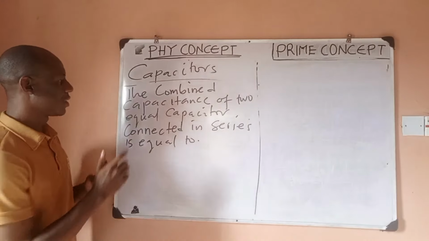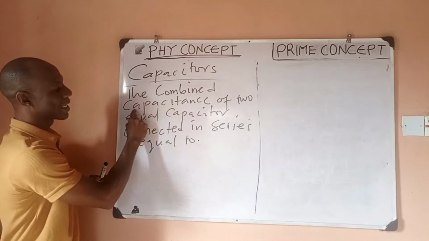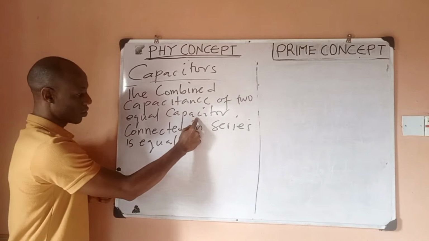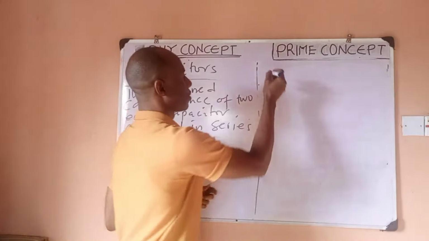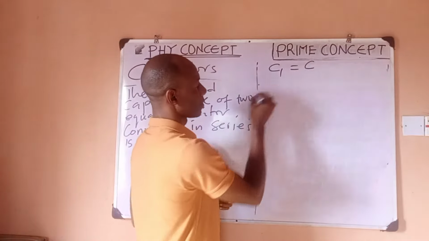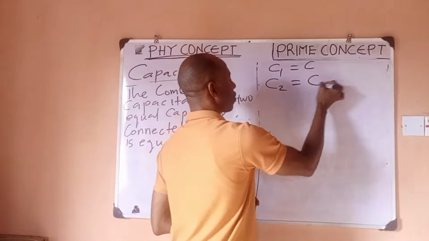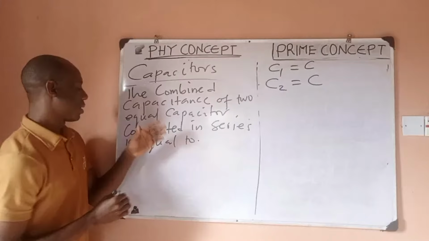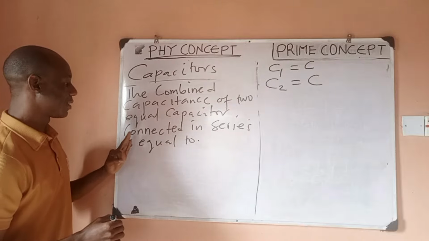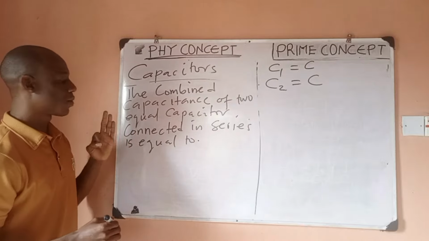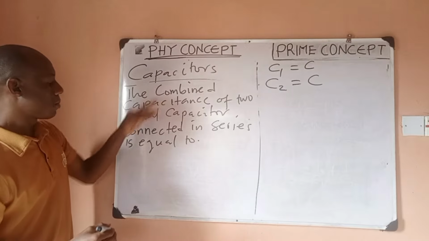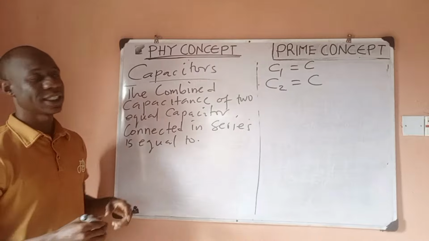Now, see the question. They said the combined capacitance of two equal capacitors. The capacitors are equal. That is to say that C1 is equal to C, then C2 is also equal to C, since they are connected in series. So if they are connected in series, you know how to find the equivalent. So they now said, what will the combined capacitance be if they are connected in series?